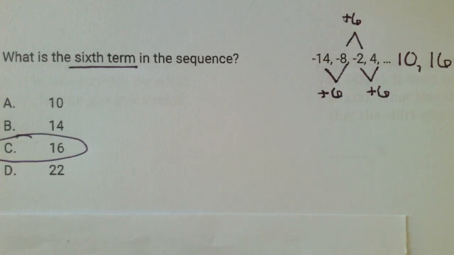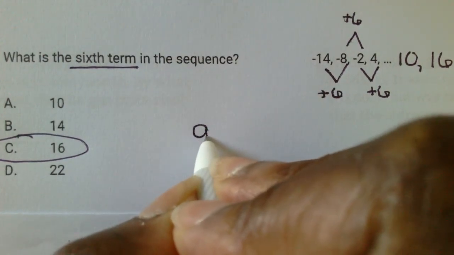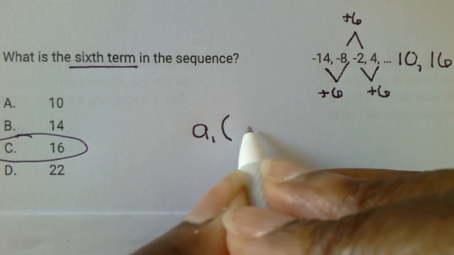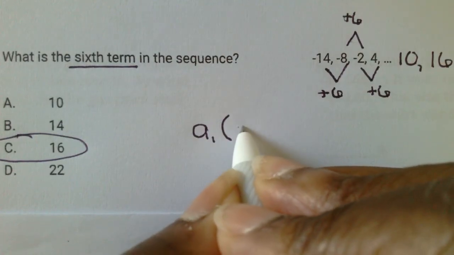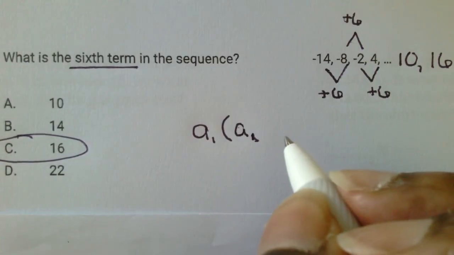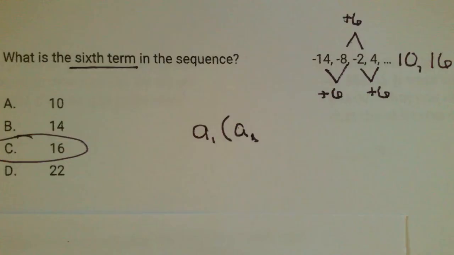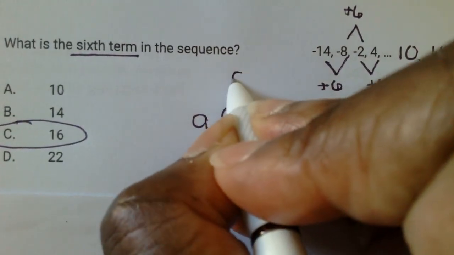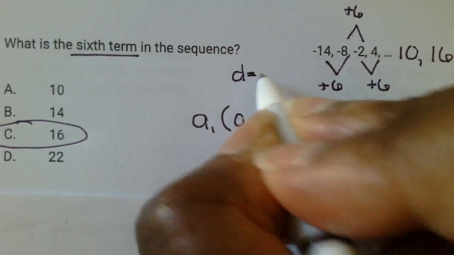If you're taking the GED, the ASVAB, the Accuplacer, or the TEAS test, you're trying to find the patterns. But what happens if they take it to another level? Algebraically, you will have your first term, then the term that you want to get to, AN, times what is called our common difference.